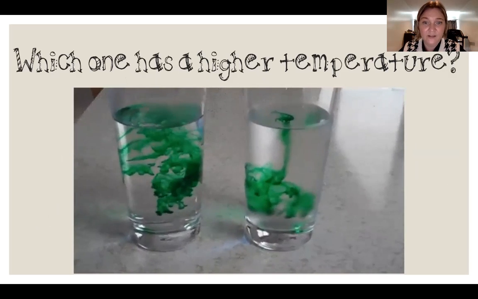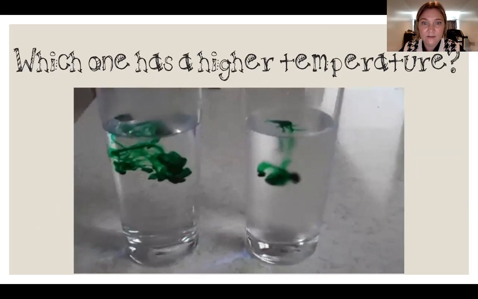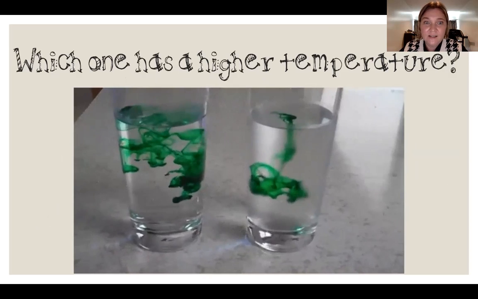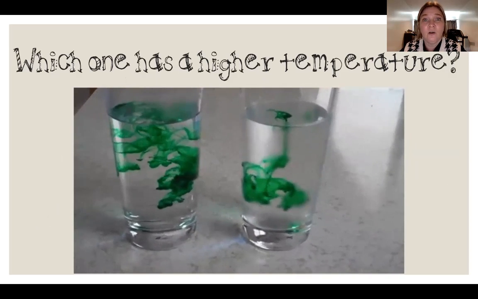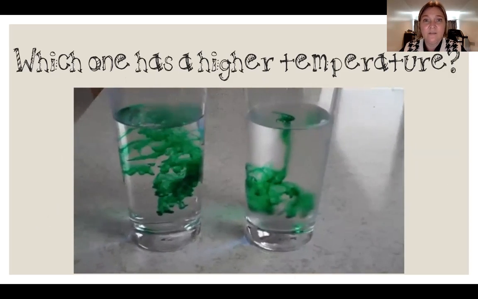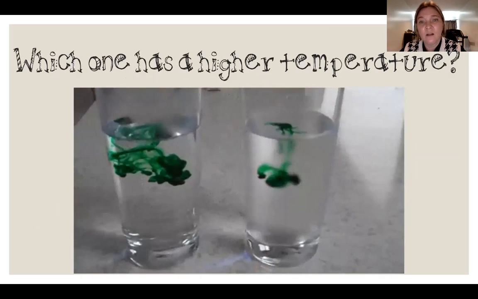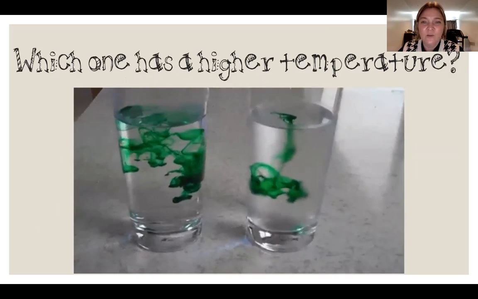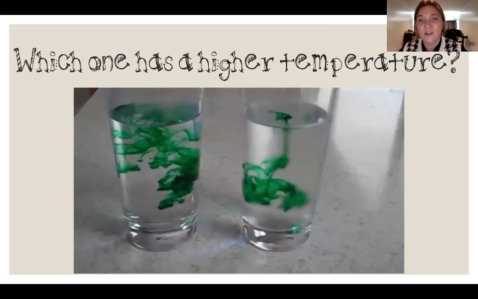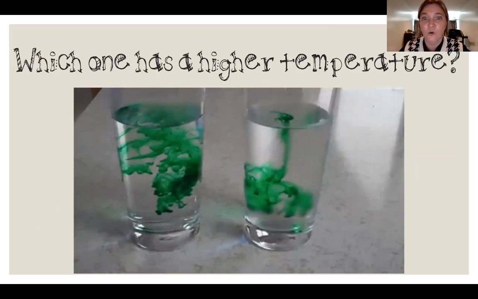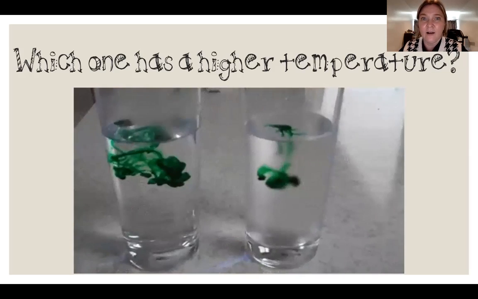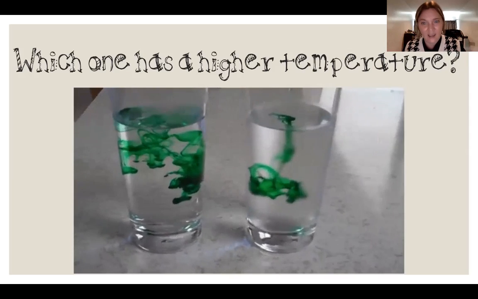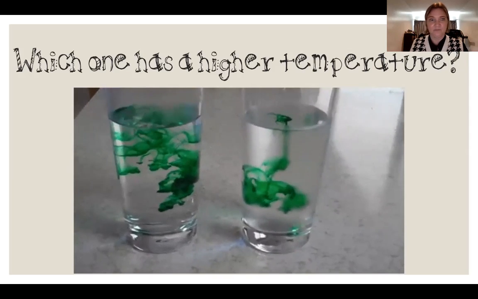The one on the left or the one on the right? Now, if you go by just the rate of diffusion, you should already be telling yourself that the one on the left obviously is at a higher temperature than the one on the right. But another big clue is that the one on the right also has condensation on the outside, which means that glass was cooled. And now you have warm water vapor in the air condensing on the side of the glass.